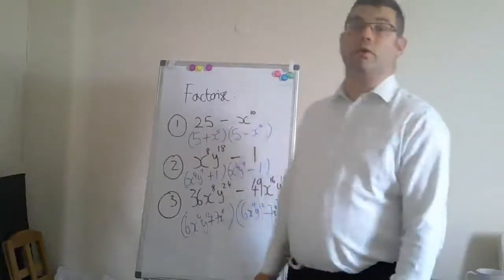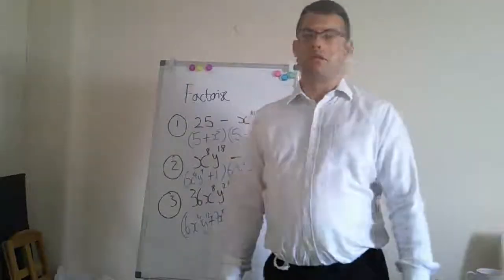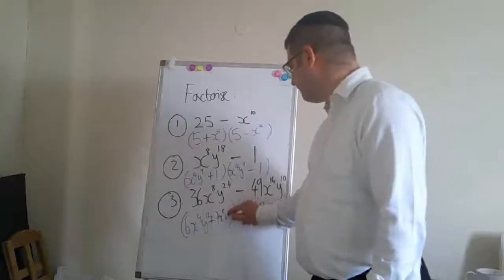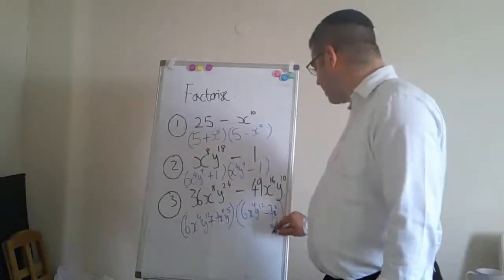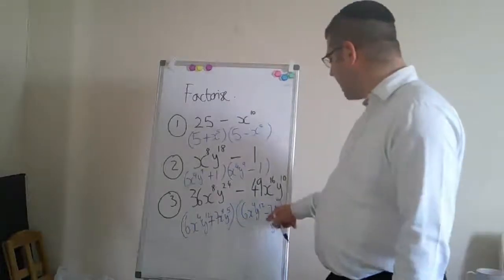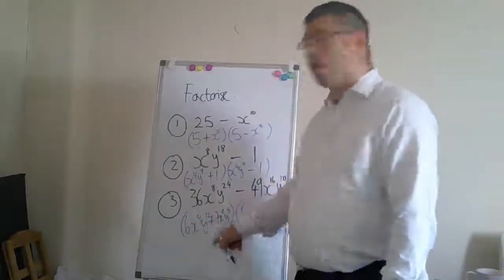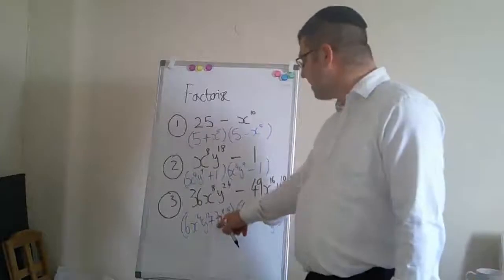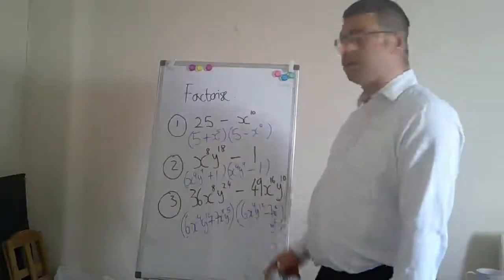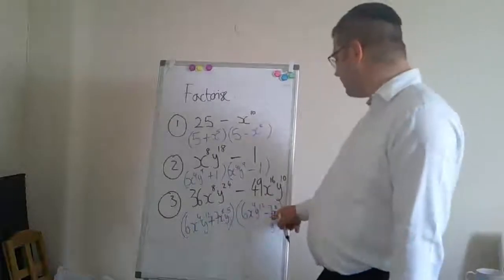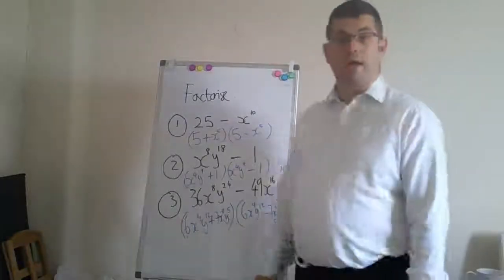And finally, square root of y to the 10 halves the power, so that's y to the 5. Okay, I'll just put it here, but it's 6x to the 4y to the 12 plus 7x to the 8y to the 5, and then 6x to the 4y to the 12 minus 7x to the 8y to the 5.